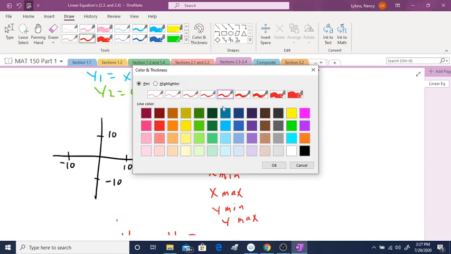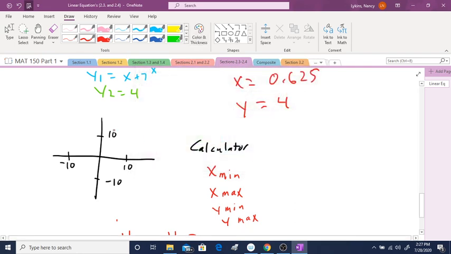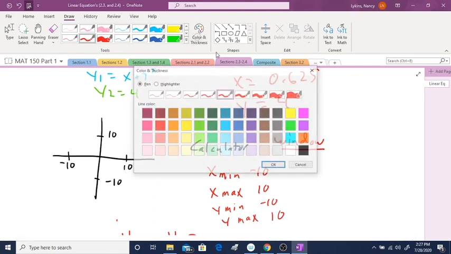Okay, what this is telling you is this. I've got a little demonstration here on the left. What your calculator defaults to is that X minimum is -10, X max is +10, Y minimum is -10, Y max is +10. But when you get larger equations where they intersect, your calculator is going to get errors. If you have errors, go to this window, like I said before, and change it.